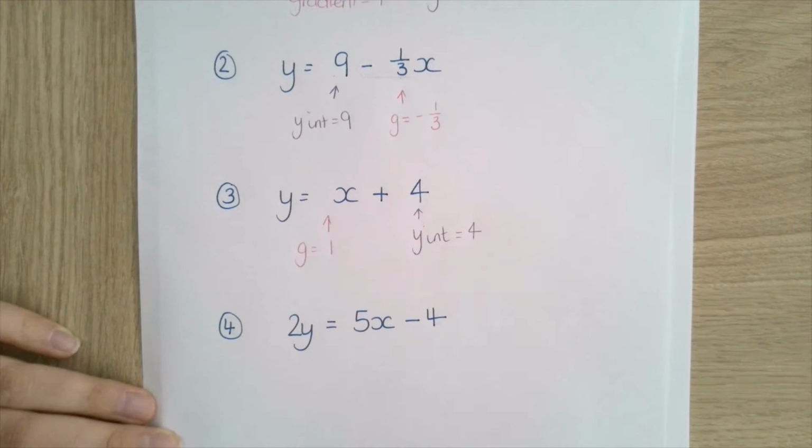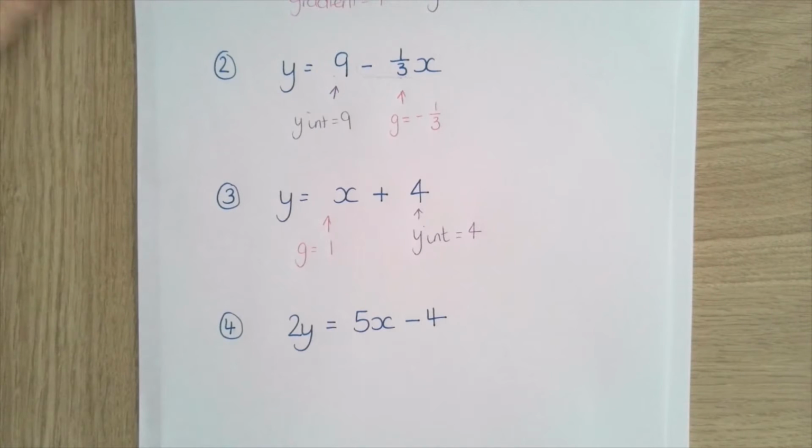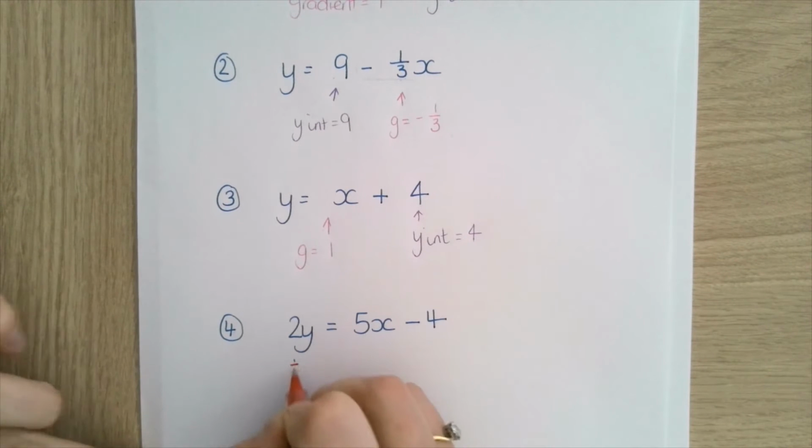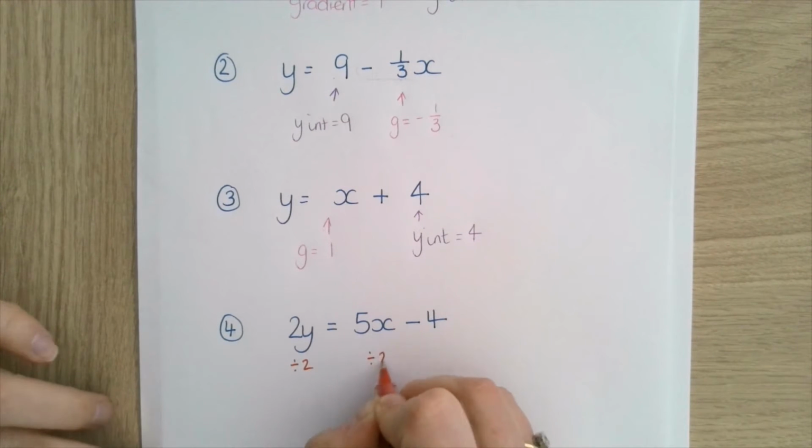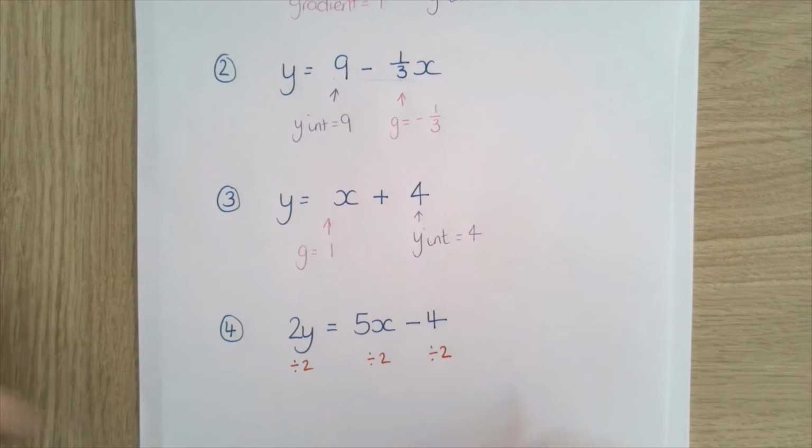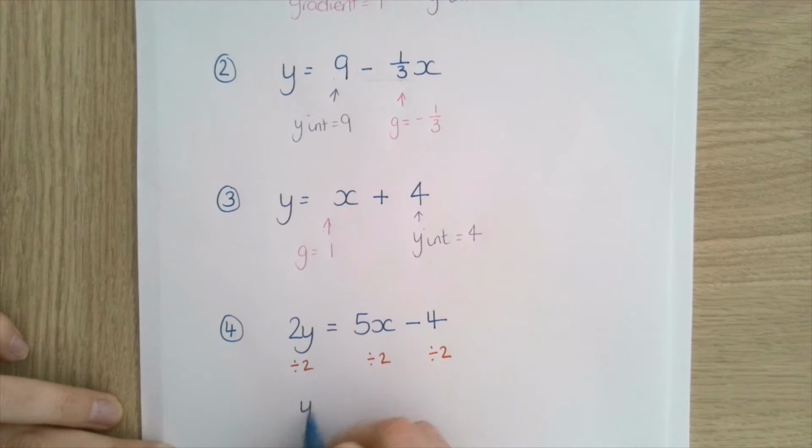Now with the last one, you'll notice that it's not in the form y equals, it's 2y equals. And so what I'm going to need to do is divide everything, and that includes the 5x and the -4, by 2. That then leaves me with 2y divided by 2 is y. 5x divided by 2 leaves me with 5 over 2 x.